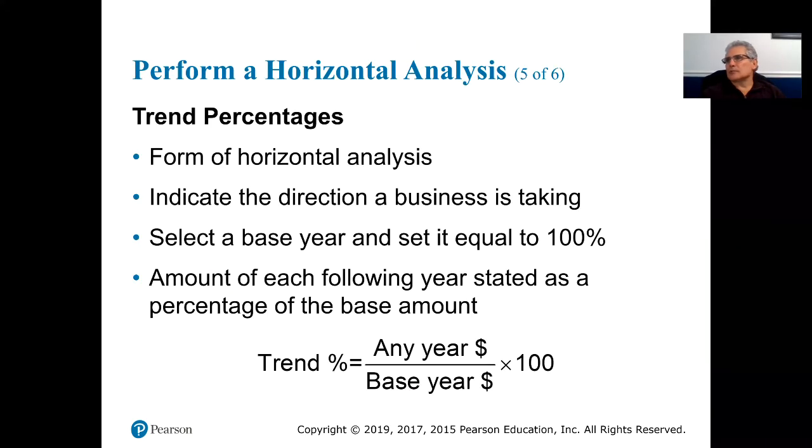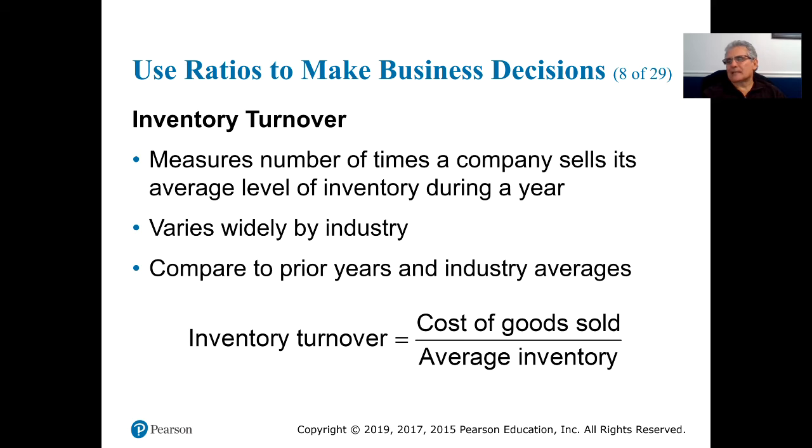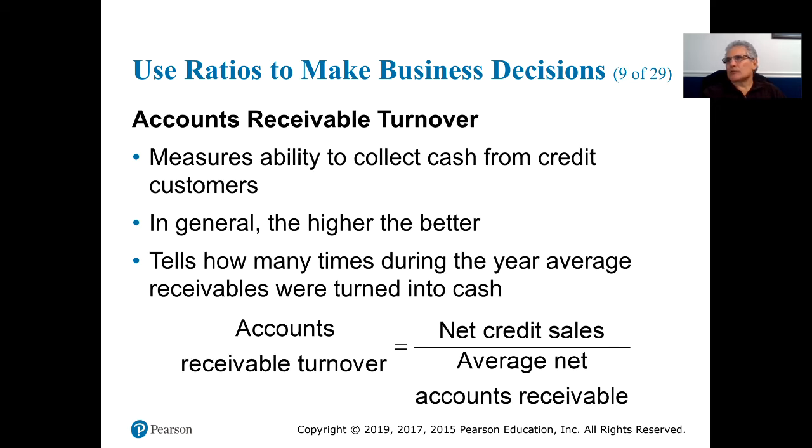Okay, let's go back to slide 29, where you see the inventory turnover. We just computed this. The next slide is called the accounts receivable turnover, and that's similar. We're going to take net credit sales and divide it by the average net accounts receivable.